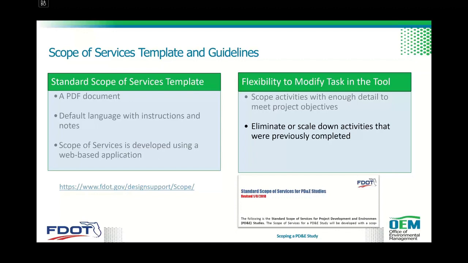As you may remember from yesterday's presentation, there could be some material, information or data that we for PD&E can adopt from planning. So that's why we have to be aware of those products. How can they be adopted in the PD&E study? And of course, that needs to be taken into consideration when developing the scope of services.